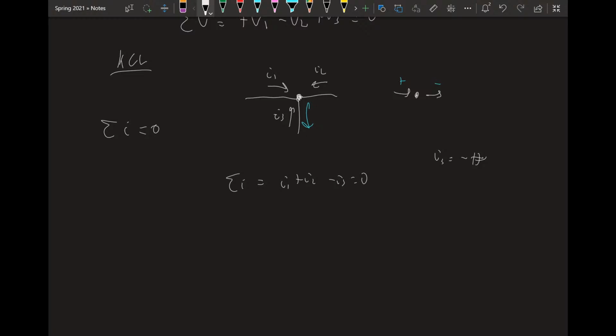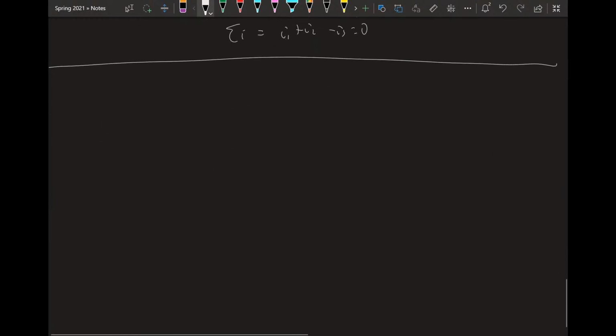Okay, let's talk about resistor networks. Everyone knows what a resistor is, right? We all know this squiggly line symbol. It's a material that impedes the flow of current.